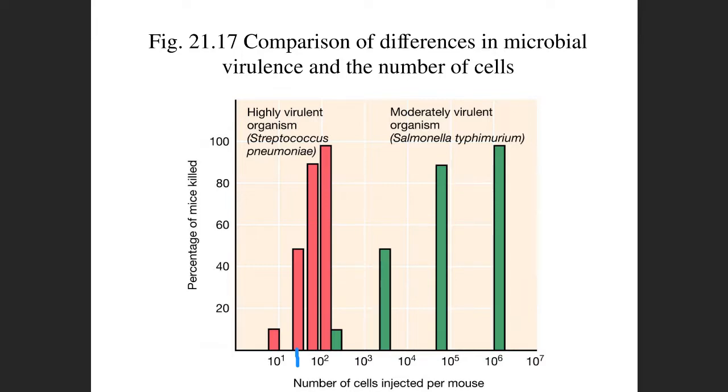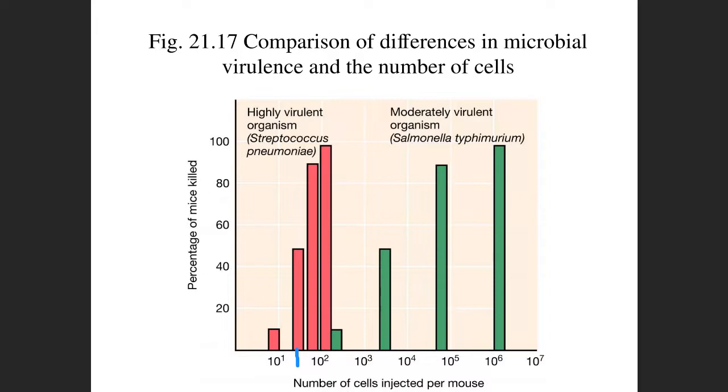And if you inject 100 bacteria cells, Streptococcus, you kill almost 100%. However, if you inject the same number of Salmonella into a mouse, only a small percentage of mice get killed.